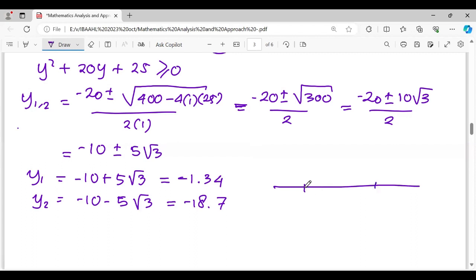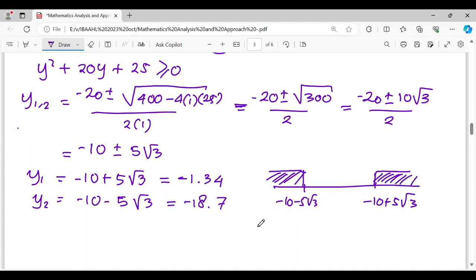This is minus 10 minus 5 square root 3, and this one minus 10 plus 5 square root 3. Greater than or equal to 0 means the solution area is this area, as well as this area.